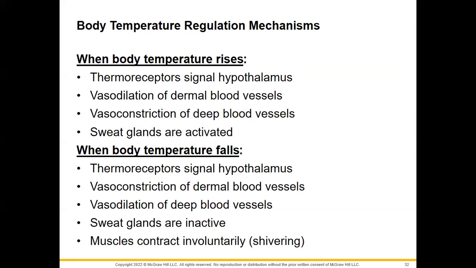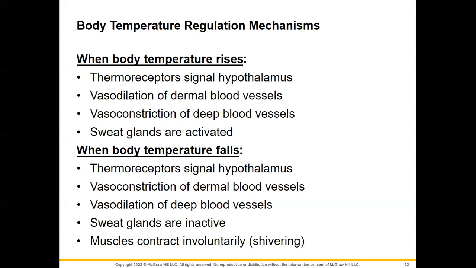So why is that? Well, if your body temperature is increasing, remember we said that the deep core temperature of the body maintains a set point because it doesn't give off heat very easily, since it's deep and not close to the surface.